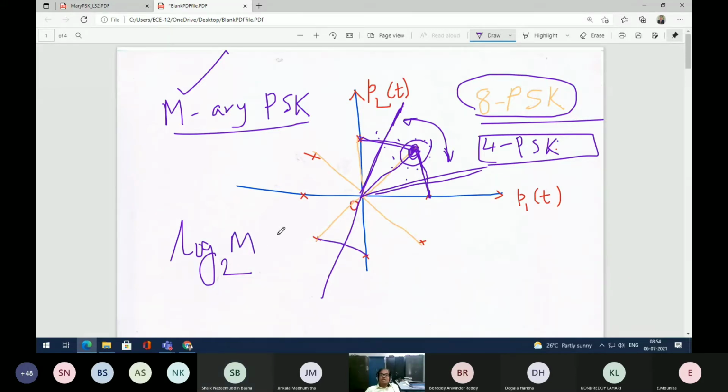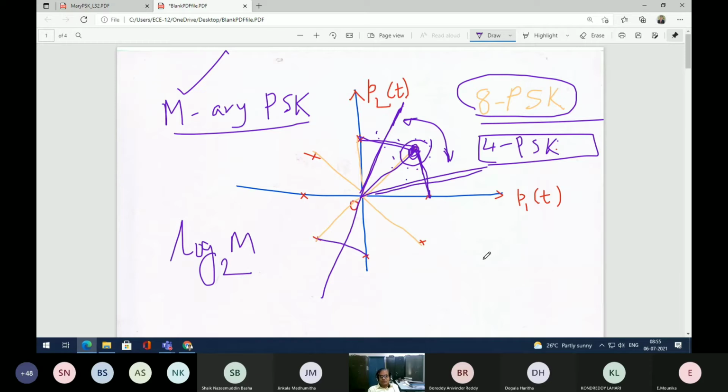So M equal to 8 means 3 bits. It is carrying 3 bits of information within the given bandwidth. So it is going to be more bandwidth efficient than QPSK or BPSK, but it is inferior to them in terms of the probability of error.